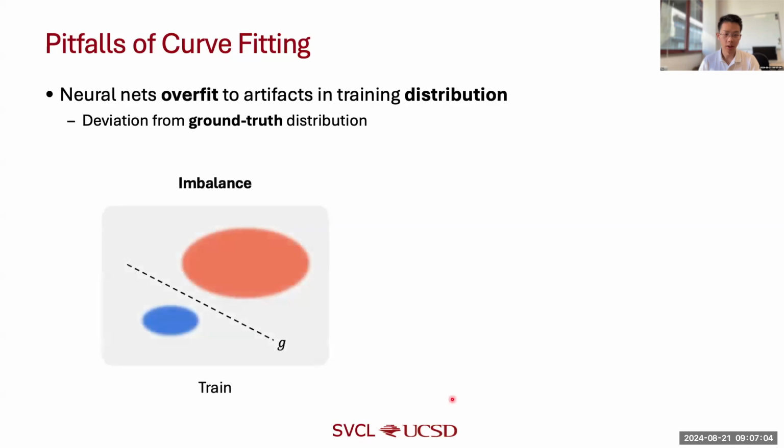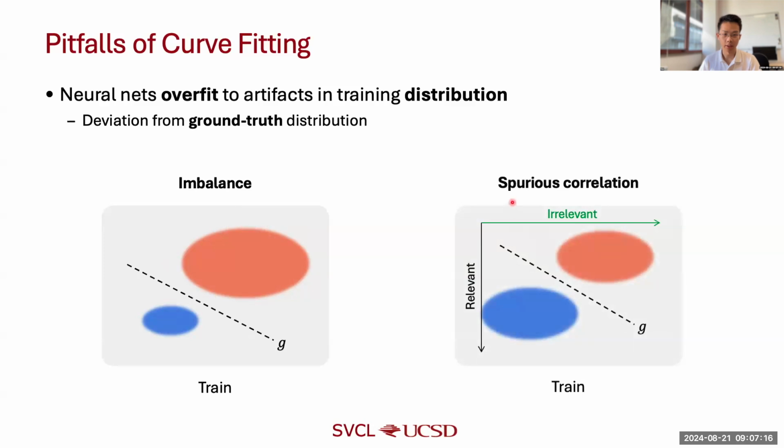There are two modes of such artifacts, I would say. There's imbalance, where particular groups of examples are underrepresented compared to others. And there is spurious correlation, where the target labels can be leaked through some hidden dimensions or irrelevant features.